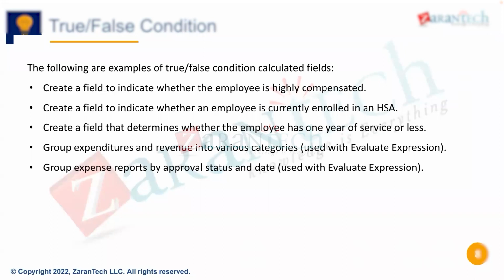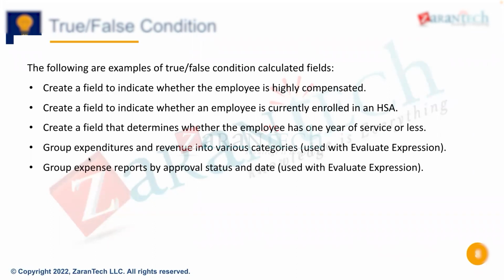Anyone who has a number of days less than 365 will be categorized as a person who has served 1 year or less. So we can do that. And these are two examples of the evaluated expressions where we'll be using the true and false conditions to build out some of the cases based on the business needs.